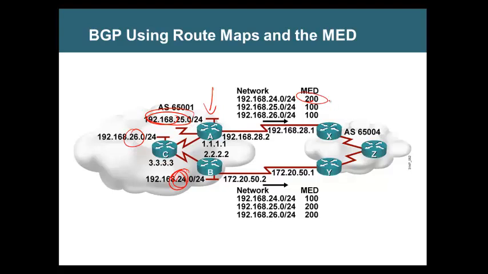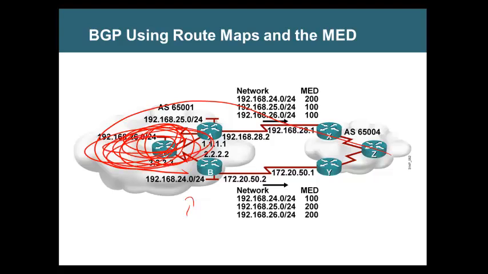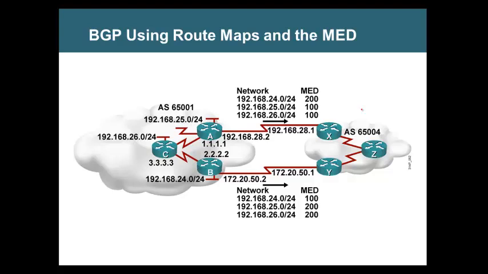Why? We don't want anyone to come this way. Why don't you want them to come this way? Because 24 is down. If they come this way, it will be consuming all your bandwidth, CPU, resources. You don't like that. So you have given a big number for 24 in this route.